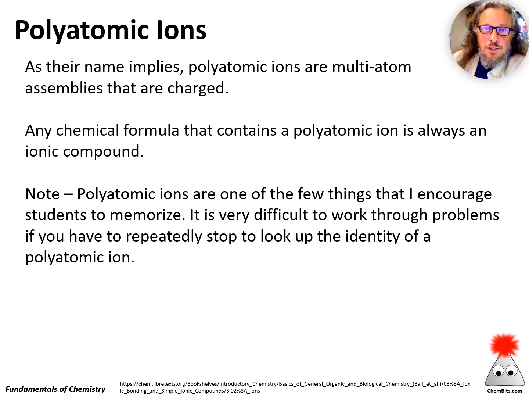One of the advantages of polyatomic ions is if you recognize a polyatomic ion in a chemical formula, you know that it has to be an ionic compound. It has to be an ionic formula because a polyatomic ion is always an ion. So that's one place where they can be really helpful.